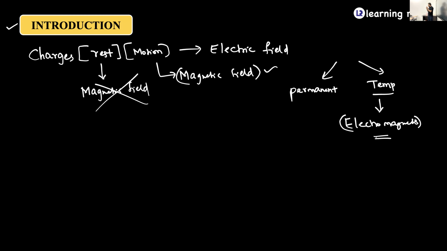In this chapter, our objective is only about electromagnets, and in the next chapter we'll learn more about permanent magnets. That is why both chapters are related to magnetism. The only difference is who is generating magnetism here: current carrying conductors. In the next chapter, we will see how permanent magnets have natural magnetism within them.